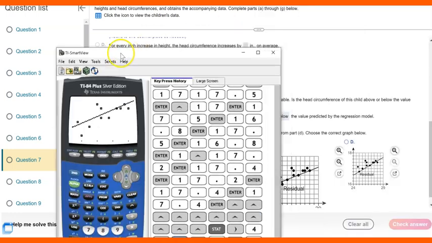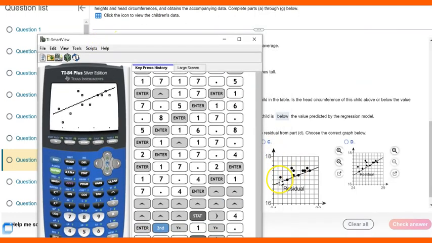If you look at the other option here, you have 1, 2, 3, 4, 5, 6, 7 dots above the line, but it's not like this. Remember that there are only 3 dots above the line, but here you have 7 dots. This is not the correct graph, and this is not a correct graph either.